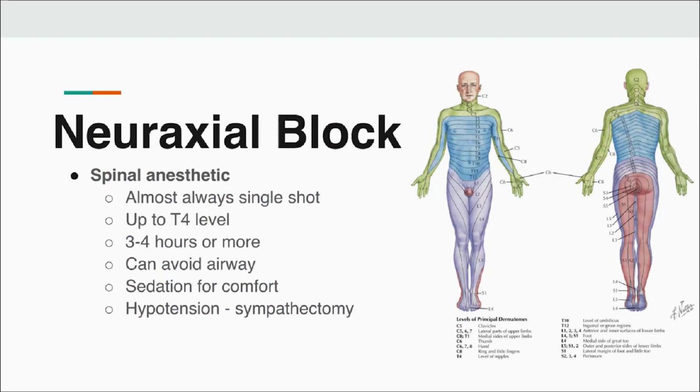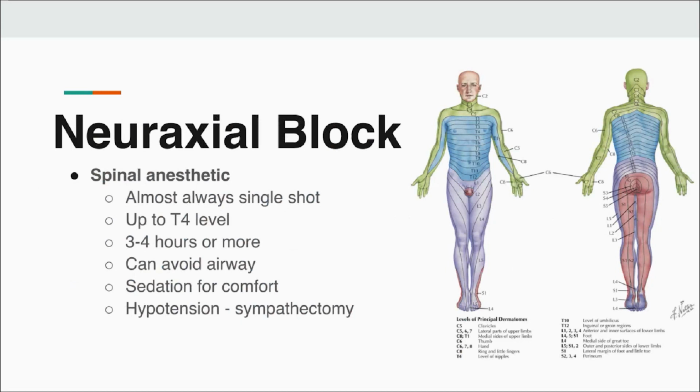When we talk about neuraxial blocks, we are talking about spinal anesthetics and epidural anesthetics. With the spinal anesthetics, we almost always find the subarachnoid space with a spinal needle.